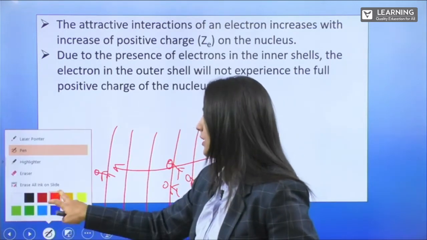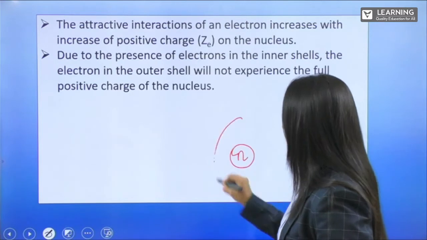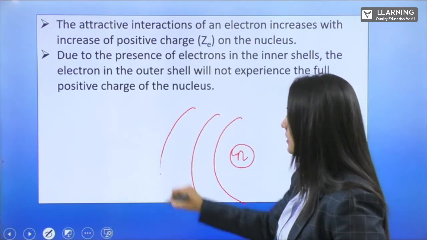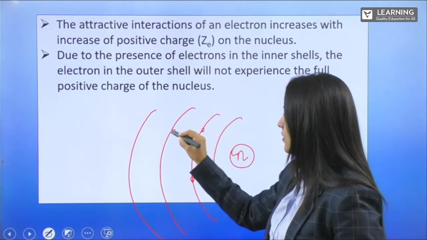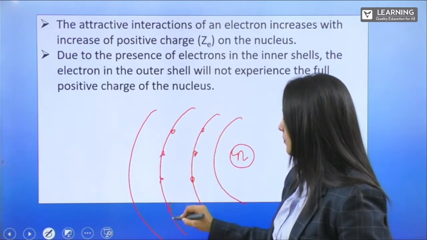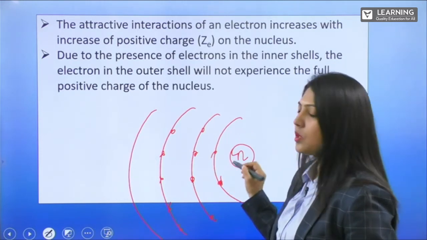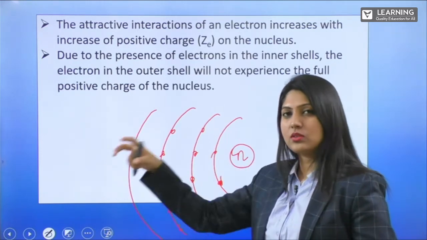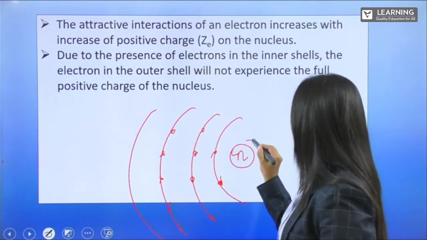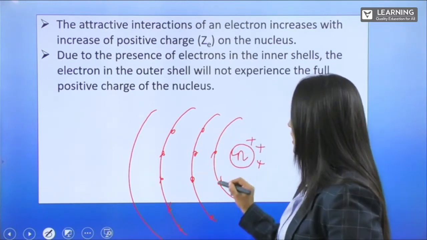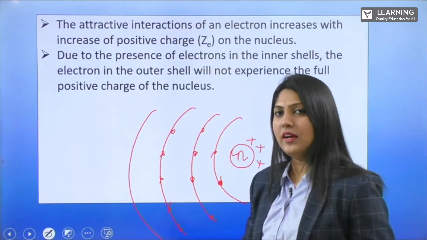Similarly, the nucleus will have the attraction, and if it is crowded, with more electrons in between, it increases, right? As the orbitals increase, the number of electrons also increases, and the positive charge increases. If the positive charge keeps increasing, the electrons also increase, because the number of electrons is equal to the number of protons.